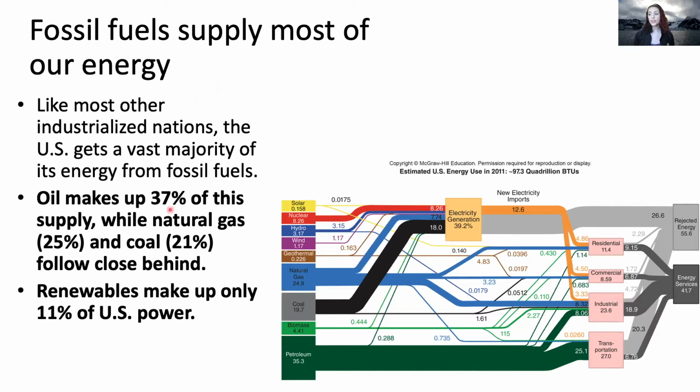Oil makes up 37% of the supply, while natural gas, which is also called methane, as well as coal, follow very closely behind. Right now in the United States, only about 11% of our power is generated by renewable sources of energy like wind, hydro, geothermal, and solar. And we will get to discuss in coming slides how the trend is now shifting toward more renewable sources.